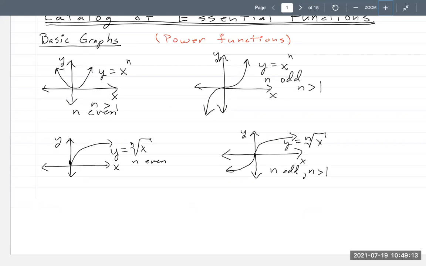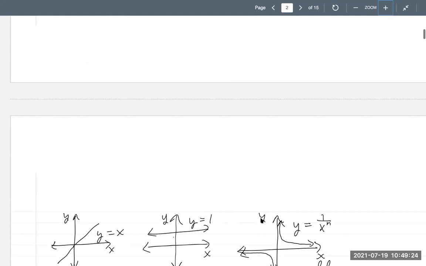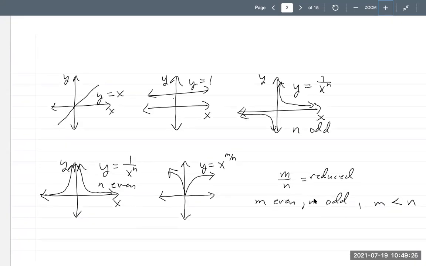And it may either flip over or it may have nothing on this side, depending on if you're trying to take even roots of negative numbers. So in this case, I've flipped it over. So if y equals x to the m over n, where m over n is reduced, m is even, n is odd, and m is less than n, then it looks something like this.